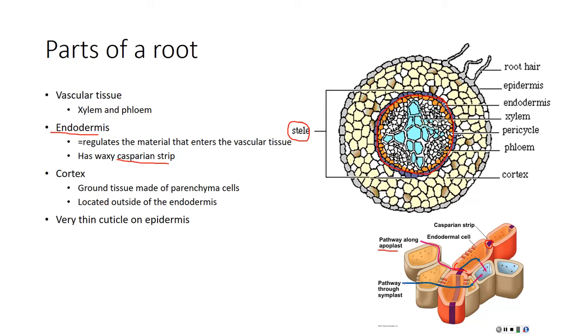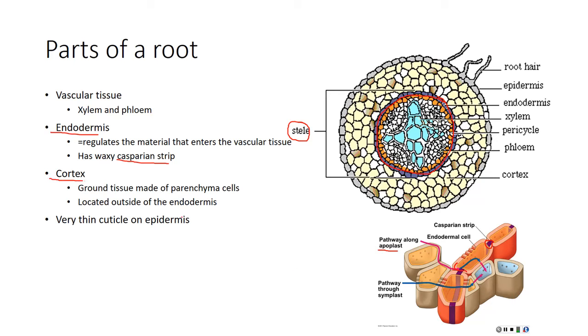The symplastic pathway means you actually have to go through the cell, which means you have to make it through the semi-permeable membrane, which has the ability to be selective about what can and cannot pass. So this waxy Casparian strip basically is a stopgap to say, no, you have to go through the cell at this point so that we can control what goes in and out, what actually makes it to the vascular tissue. So that's important.